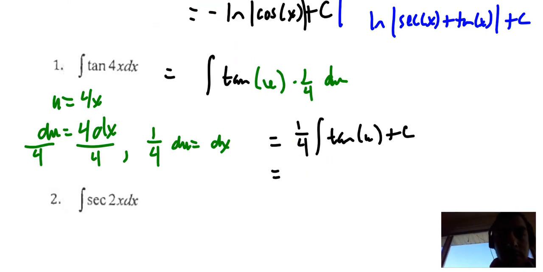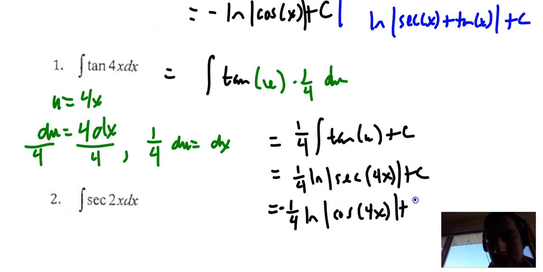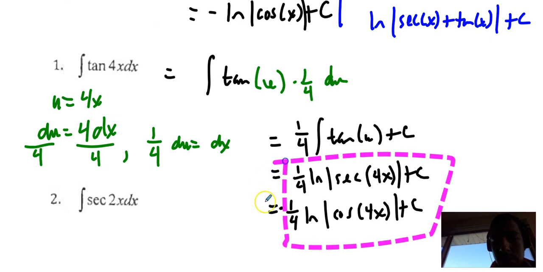So 1/4 natural log absolute value of secant of 4x plus c, or equals 1/4 ln, but a negative in front, absolute value of cosine of 4x plus c. And those are your answers. And I'm sorry I didn't include that negative there.